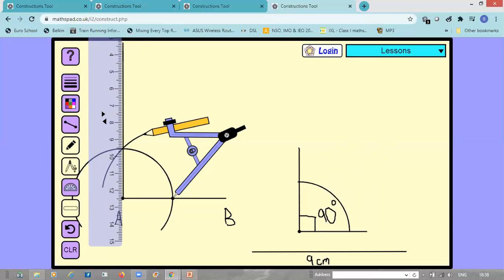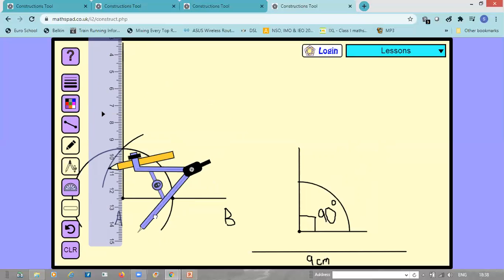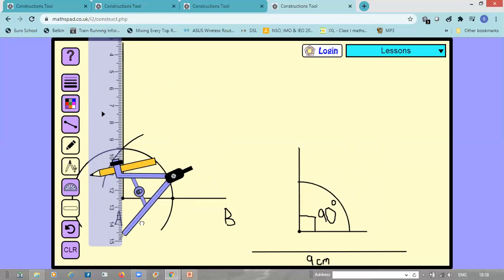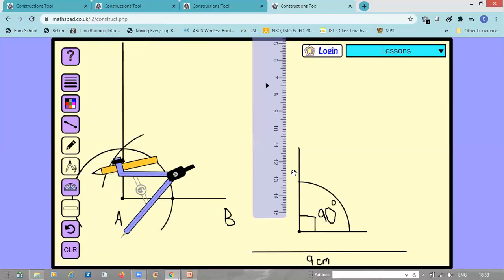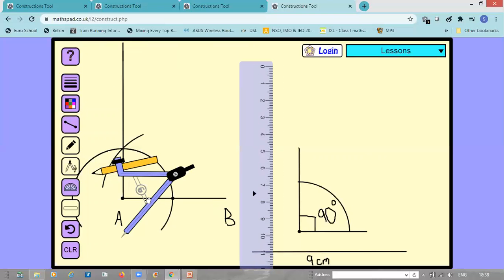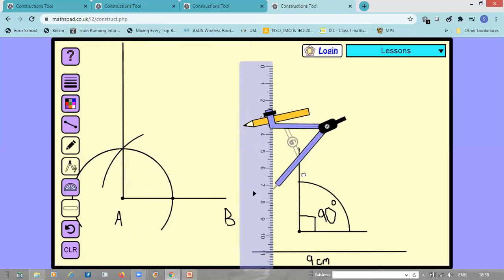Just like this. Now take your compass and measure the other length you have, which is in my case 9 centimeters. So I will take its radius as 9 centimeters, as I just told you.